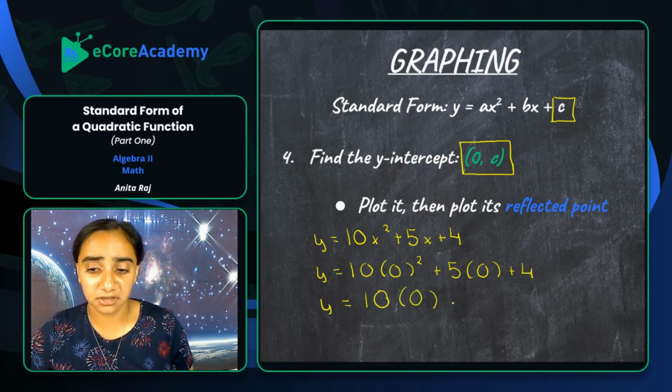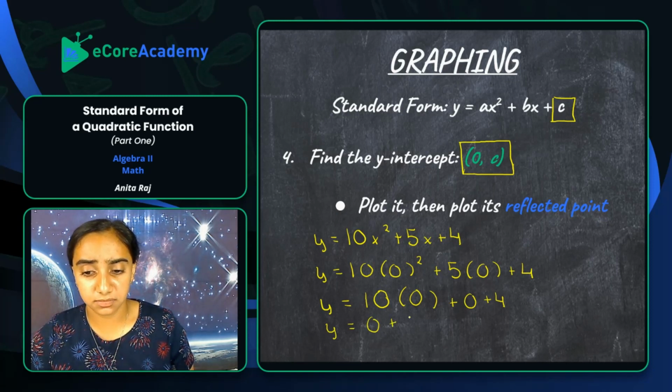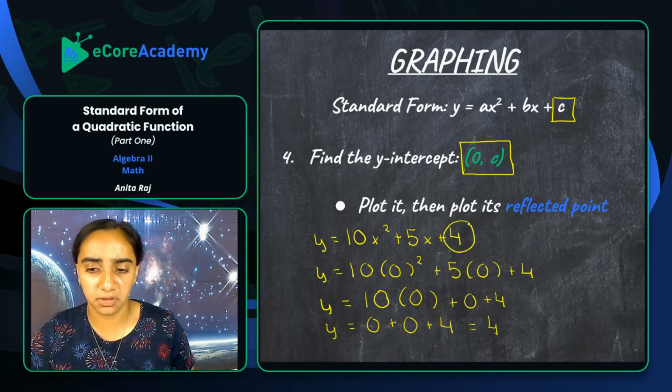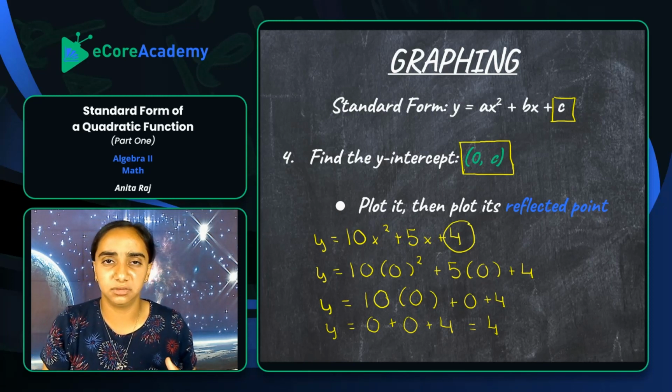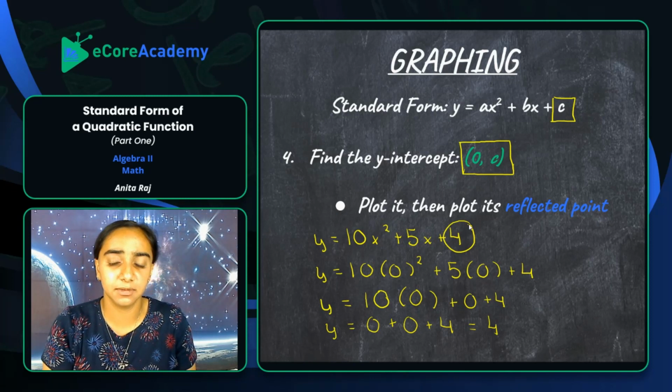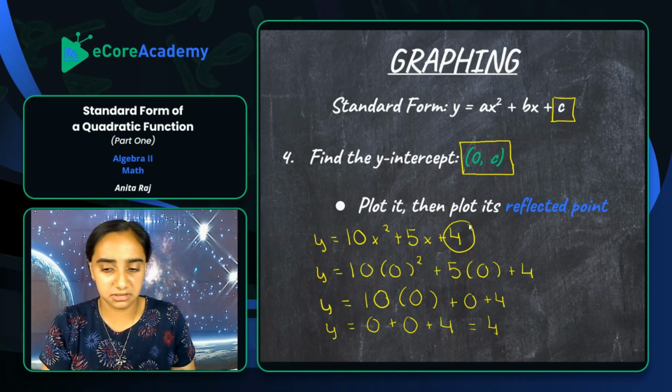What's 5 times 0? That's just 0, plus 4. And then you get 10 times 0, which is just 0, plus 0 plus 4. And then your y-intercept, you find out, is 4, which we already knew, because we already know that the c value is 4, which makes it the y-intercept. So in case you didn't see that immediately, you would just go through this and you would figure it out.